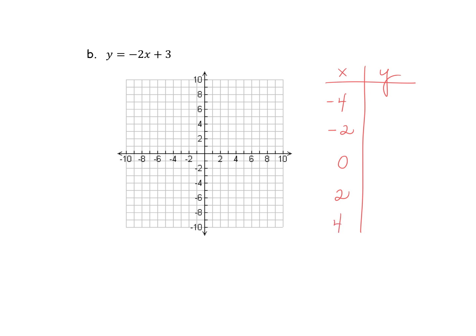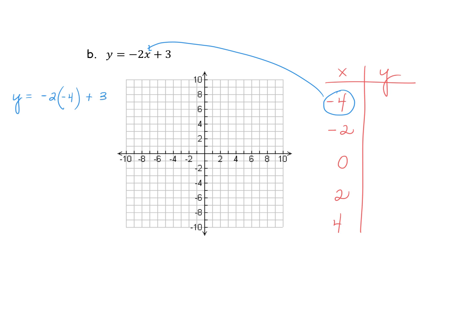In your next step, what you would do on scrap paper, your calculator or mental math, you're going to substitute these values of x into the equation everywhere that you see an x value. So on the side here, I'm just going to show it, but if I have y is equal to -2x, which means to multiply, so I'm going to substitute in -4.